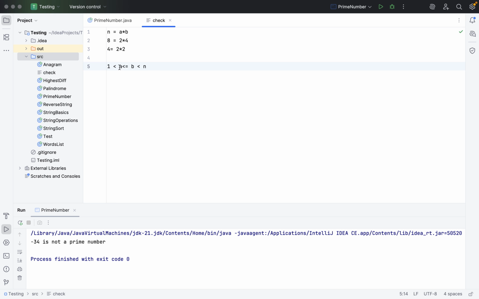So if we consider only this part of the relation between the multiples, a is less than or equal to b. Multiply both sides by a, and multiply both sides by b.